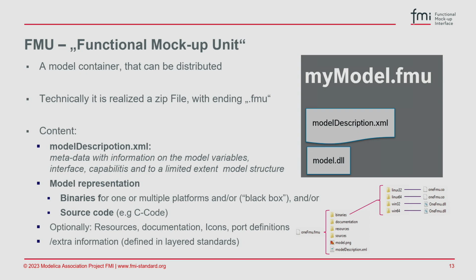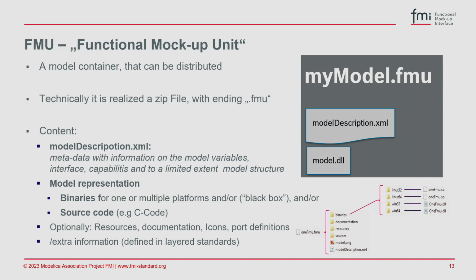It can be multiple binaries for multiple platforms, or it can be source code, C code for example, that allows you to recompile or recreate a binary for a new target, which is also a nice deployment mechanism to some new target. And there are additional folders for resources, could be, for example, certain data that the model uses, for documentation, also an icon. Such things can be put into this zip file.